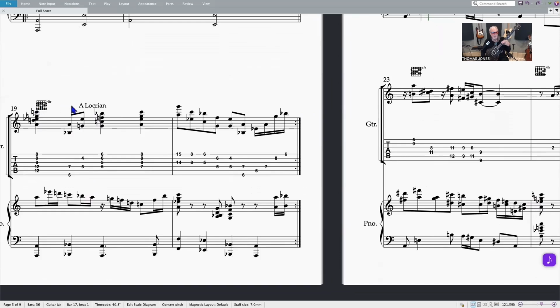So this is the A Locrian, right? And that's what happens when we reverse stuff. So now I got, you can hear it's dark sounding as compared to the other.